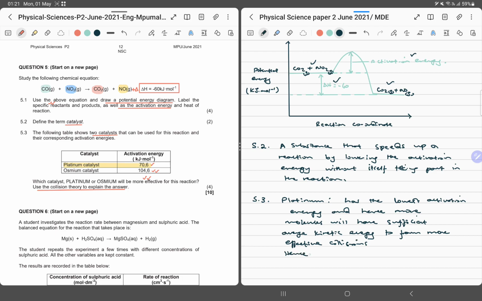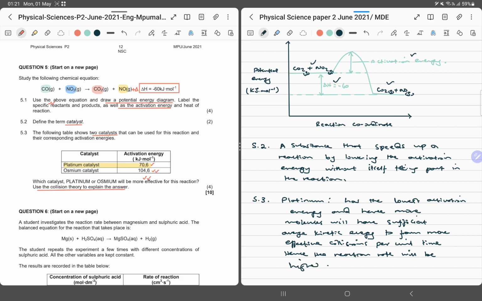Hence, the reaction rate, or more effective collisions per unit time, and hence the reaction rate will be higher.